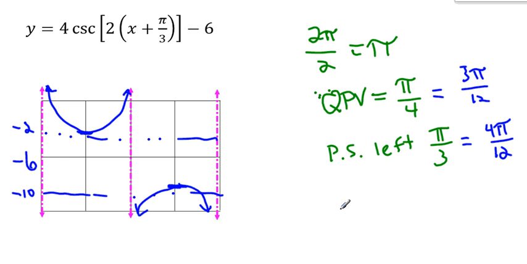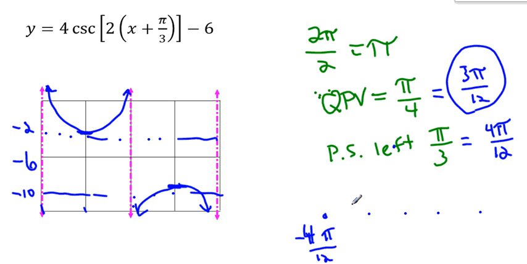So I know that the first of these 5 interesting points, let me represent them here with 5 dots, is to the left by pi over 3, but I'm going to write to the left by 4 pi over 12. And then the next point is a quarter period away, 3 pi over 12.